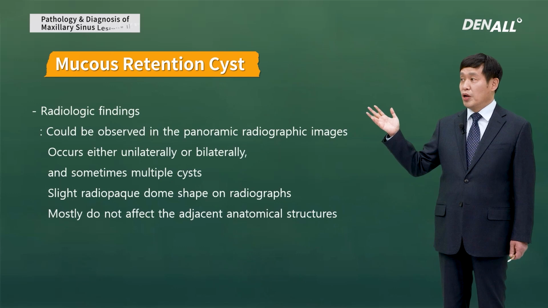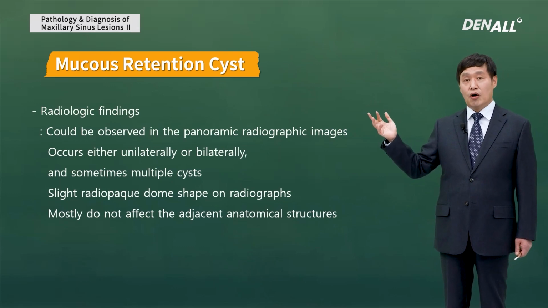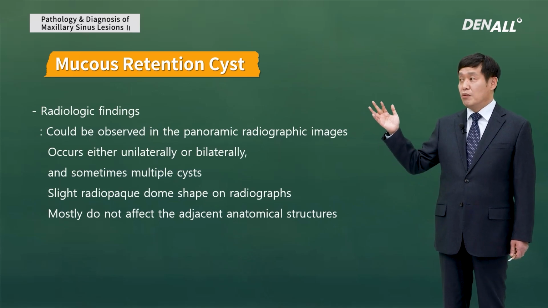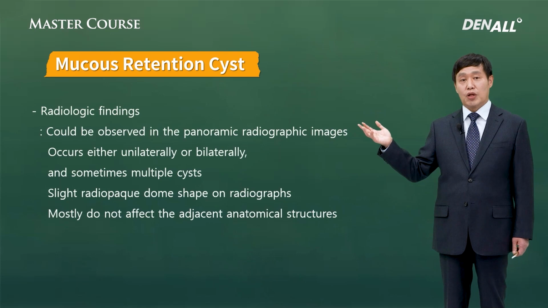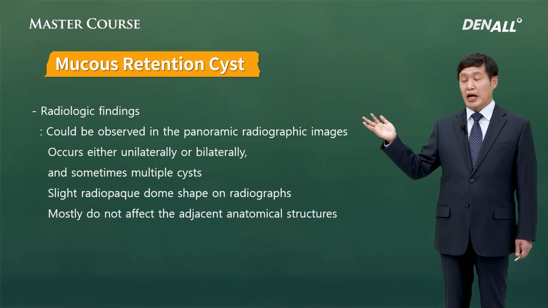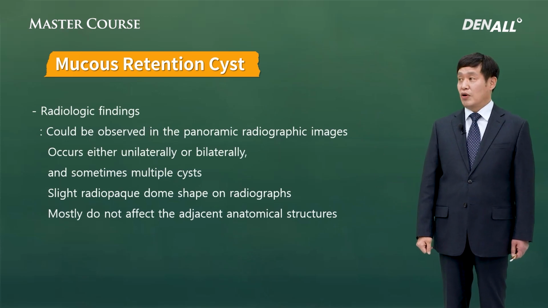It can be observed in panoramic radiographic images. It occurs either unilaterally or bilaterally, and sometimes there can be multiple cysts. Slight radiopaque dome shape on radiographs can be observed. The mucus retention cyst does not affect adjacent anatomical structures.